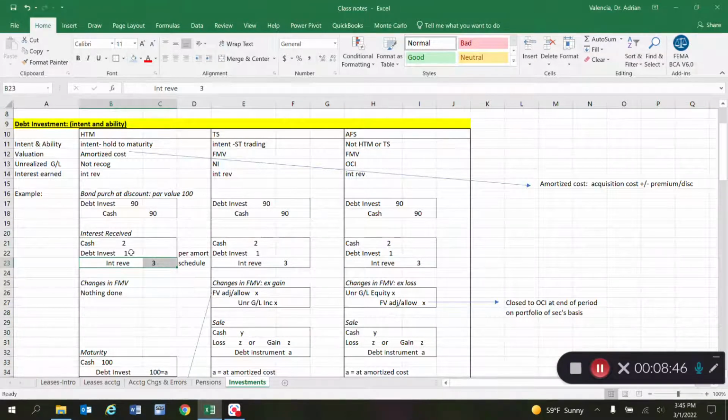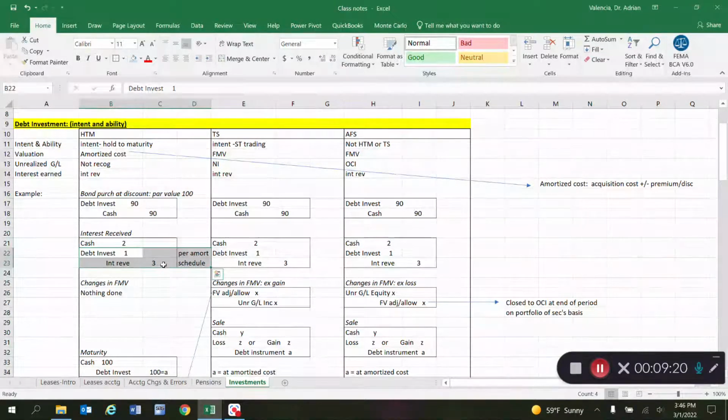We won't use the premium or discount like we would if we were the bond issuer. In this case, we're just going to put it into the investment, or amortize the investment. So in this particular case, debt investment starts below the par value, and as time passes, you're going to add to that value until you get to the $100 par value, and that's when it matures.